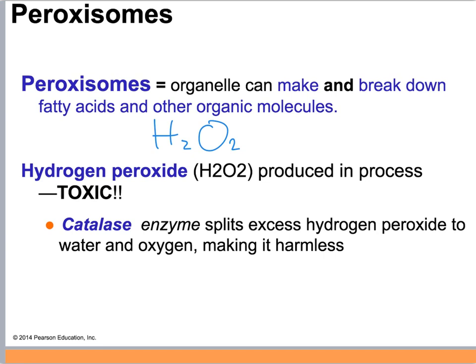So it could kill the cell off immediately if the peroxisome didn't also have the enzyme catalase. Catalase is an enzyme that can inactivate hydrogen peroxide and split it up so that it just produces water and oxygen. So catalase makes the hydrogen peroxide inactive and harmless. So big thing to remember, peroxisomes break down fatty acids and other organic molecules, but when they do that, they create hydrogen peroxide, which can then be inactivated by catalase.